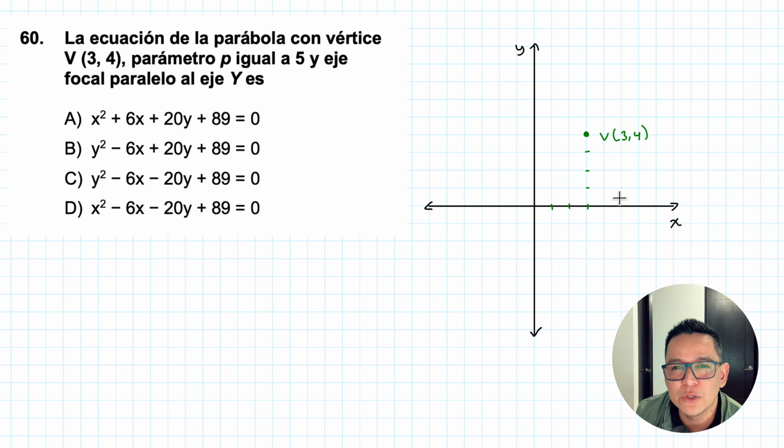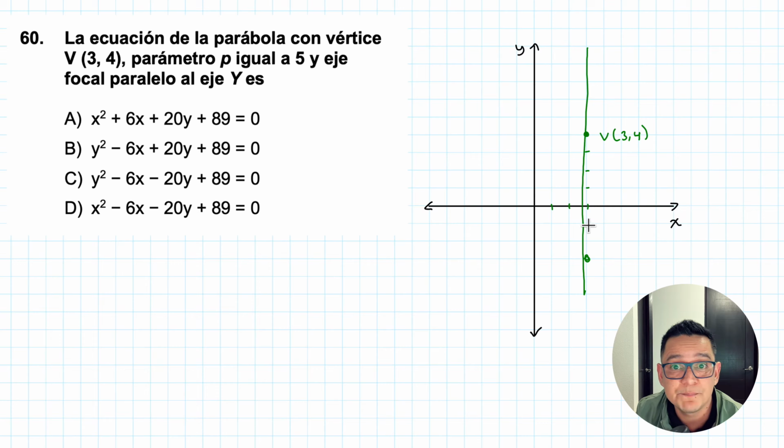Why? The focal axis is a line passing through both the vertex and focus. So if the vertex were over here, if the focus were over here, then the focal axis would be like this. Now, if the focus were, for example, over here, the focal axis would go like this in those two cases.